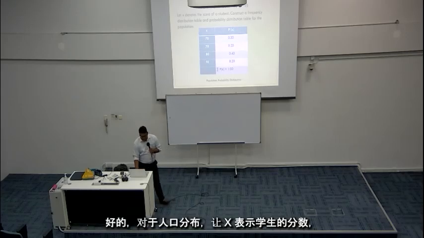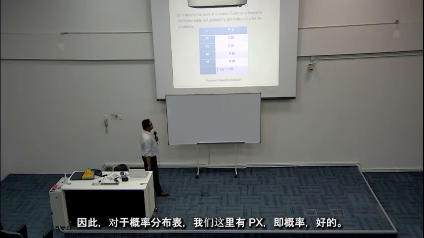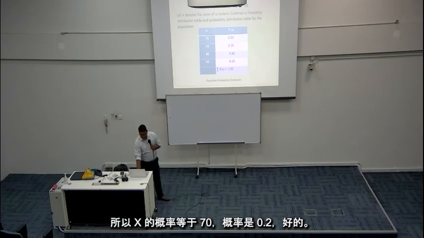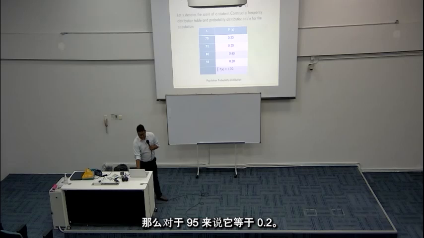For the population distribution, we denote the score of a student, construct a frequency table and so on. This is the probability distribution table, where we have P(X), the probability. The probability for X equal to 70 is 0.2, for 78 it is also 0.2, for 80 the probability is 0.40, and for 95 it is 0.2.